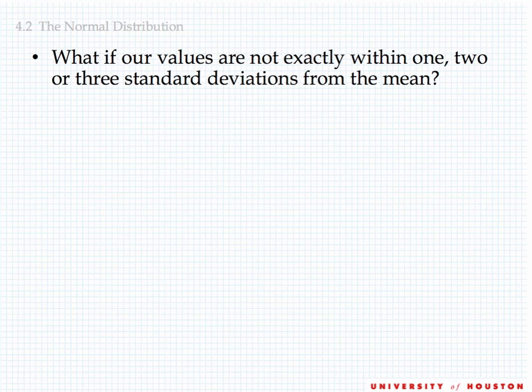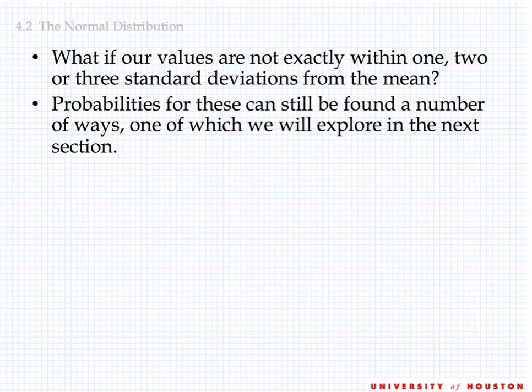What if our values are not exactly within 1, 2, or 3 standard deviations of the mean? Then we can't use the empirical rule and we'll have to use a calculator or RStudio or other software. Probabilities like this can be found a number of ways, one of which we'll explore in the next section in more detail.